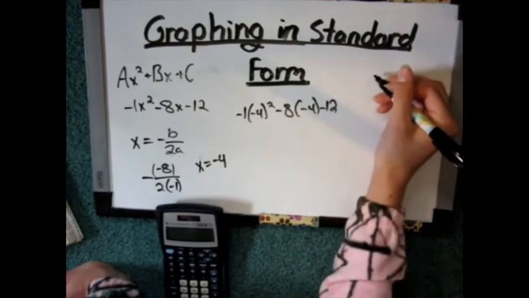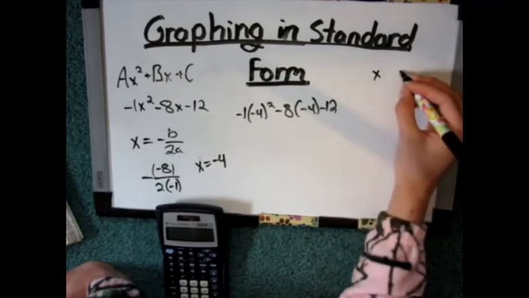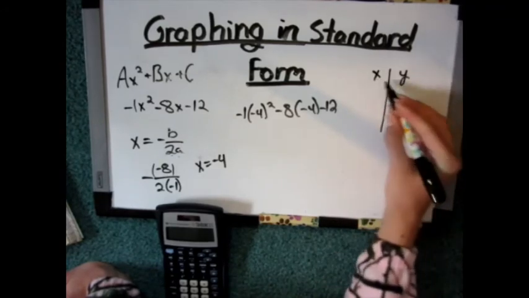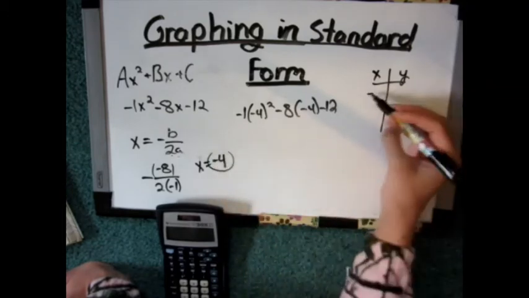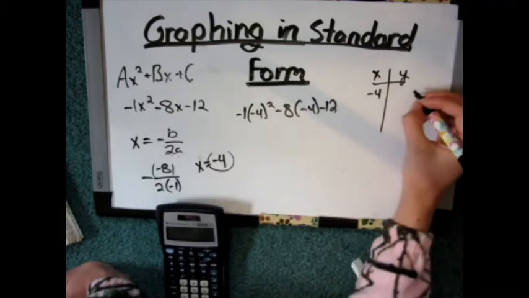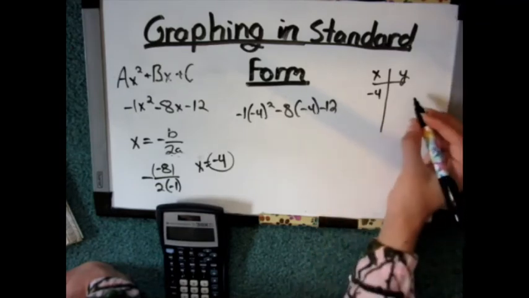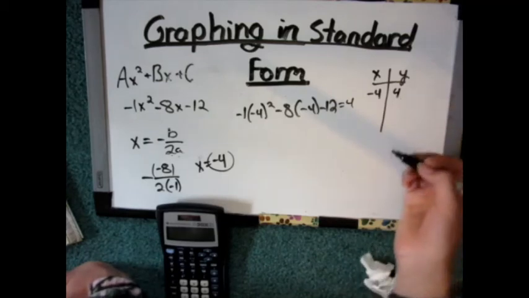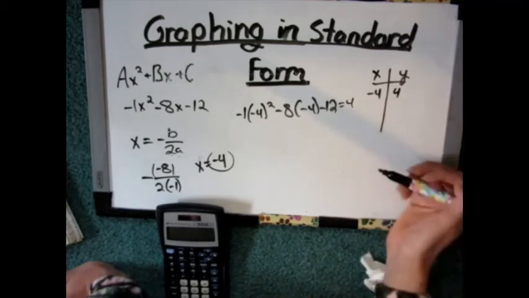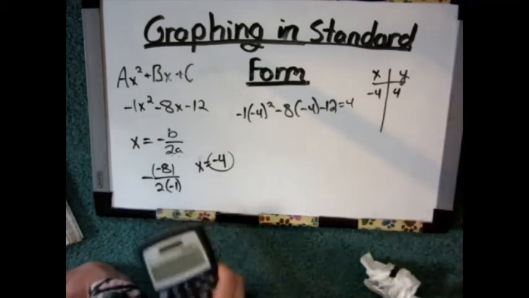So over here, I'm just going to write x, y, and it's going to be a little table, and our vertex is negative 4, the x value that we got earlier, and positive 4.